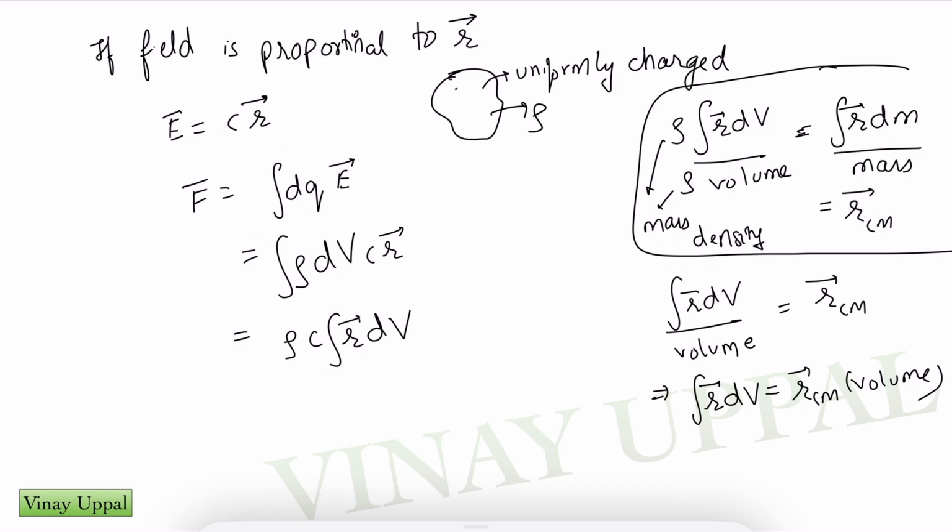So my force on such a uniform charge distribution will simply reduce to rho c times volume times RCM. So I hope you've understood how we completely avoided the actual integration, and you can even see what is this rho into volume. That is nothing but the total charge. Here rho is charge density.